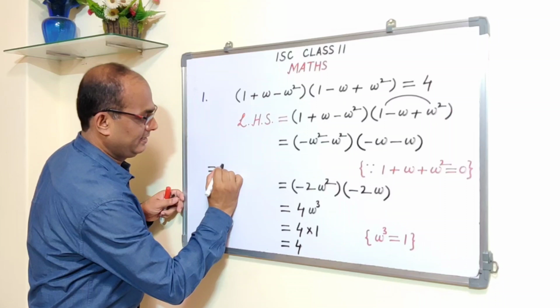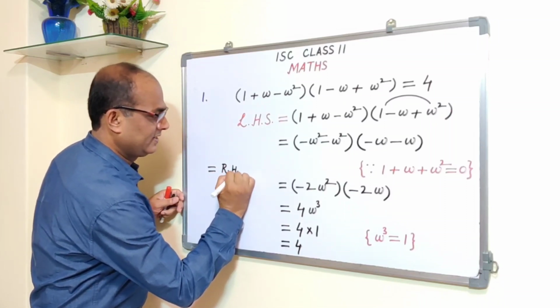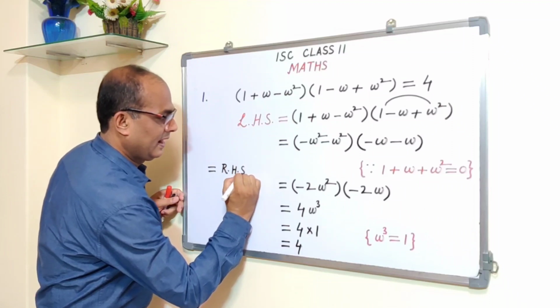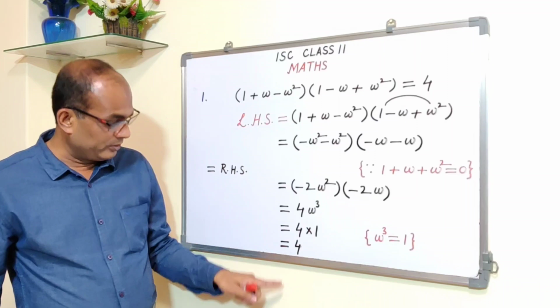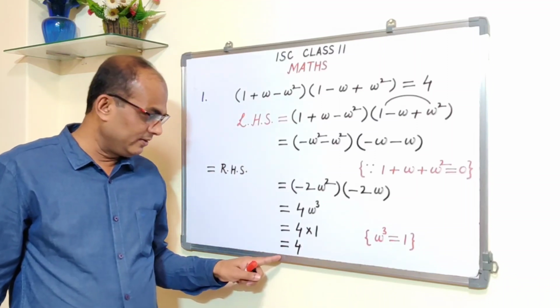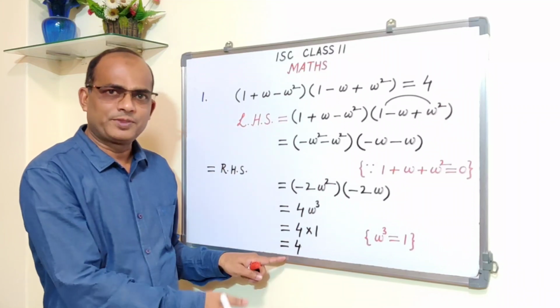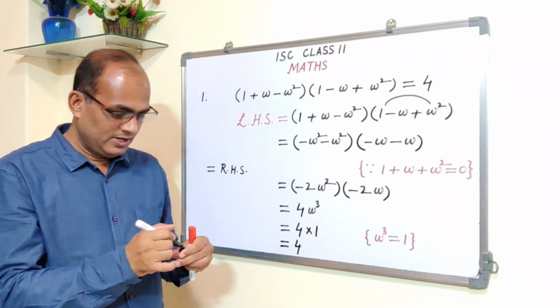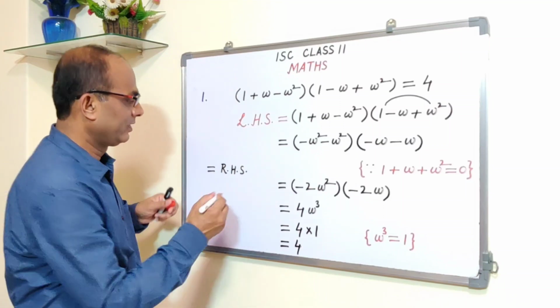Right below is equal to 4, write down is equal to RHS, one below the other, for nice presentation. Then write down QED.